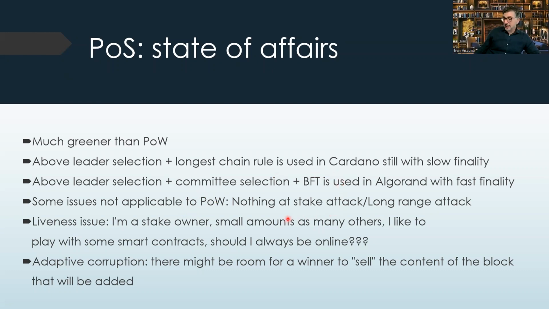What is this attack? Well, if there is a fork, which is not the case of Algorand, for instance, but the case of Cardano, there are multiple branches. Since it's cheap to evaluate a VRF, a verifiable random function, you have no reason not to participate in the lotteries in all branches. So basically, all branches keep going and going, nothing stops, right?